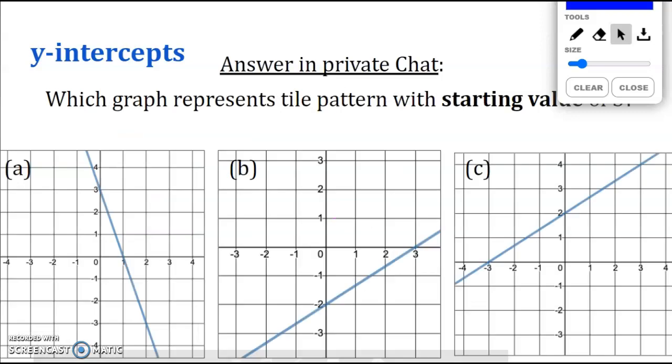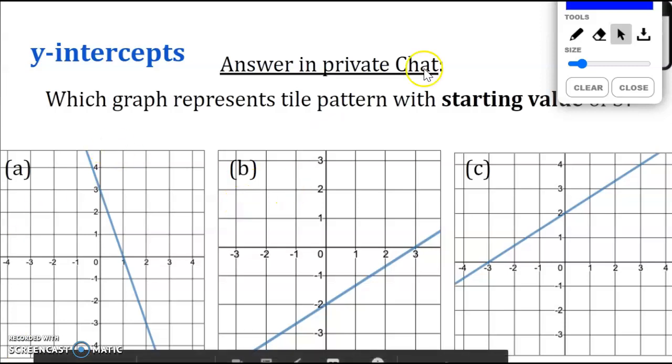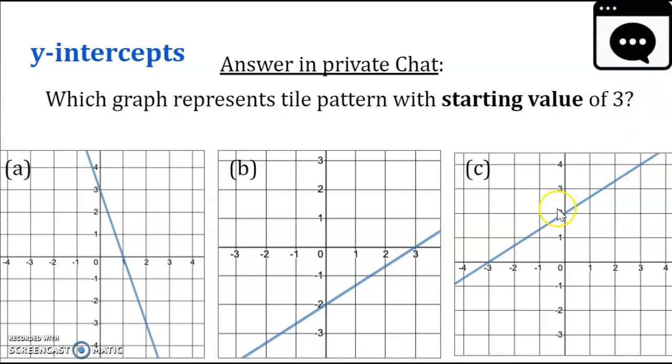Okay, let's keep going. Now here I want you to tell me which graph represents a pattern with a starting value of 3. That means I'm asking you which graph has the y-intercept, because remember, starting value is the same as the y-intercept. Which graph has the y-intercept of 3?